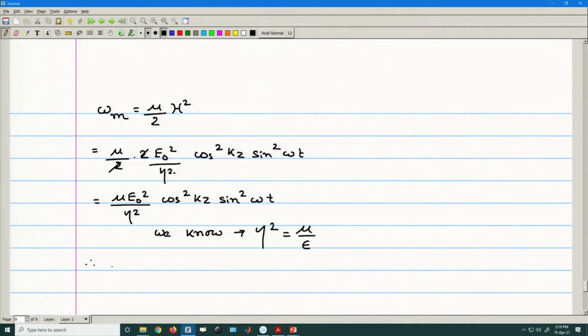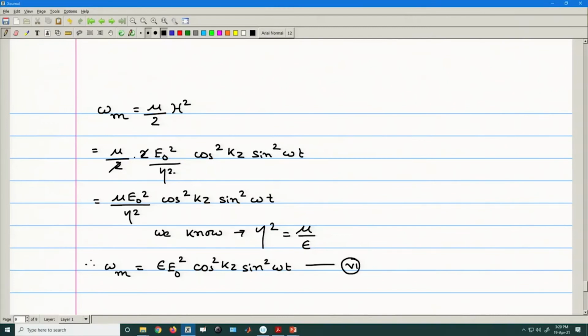Therefore, we can write Wm with mu by epsilon in place of eta square. Epsilon gets cancelled out, mu gets cancelled out, and we are left with epsilon E naught square cos square kz sin square omega t. Let us give this as equation number 6.